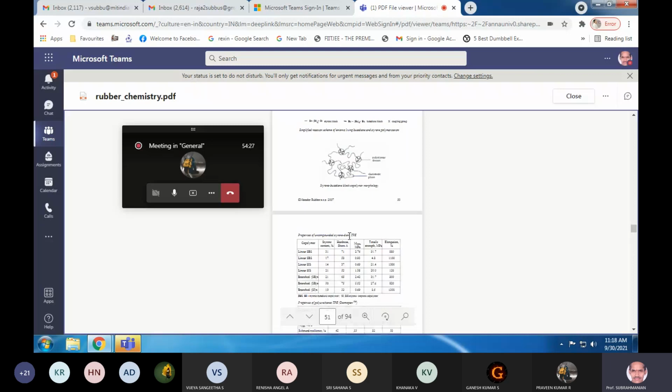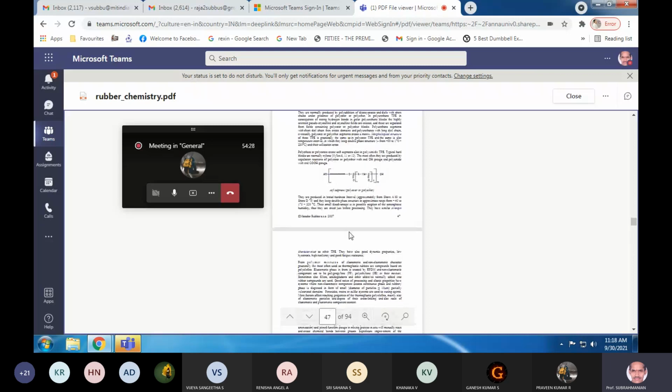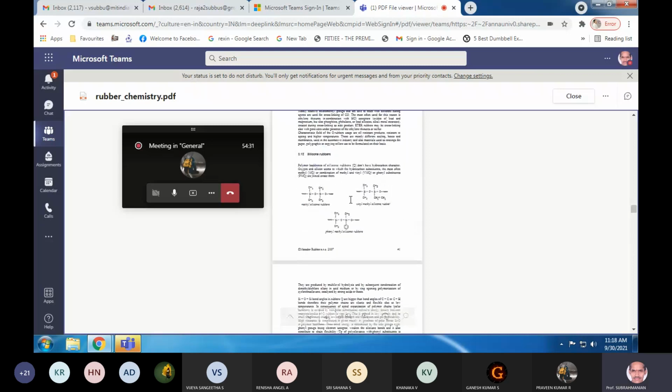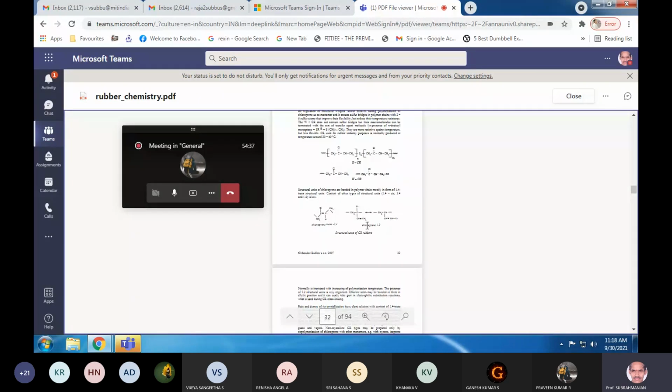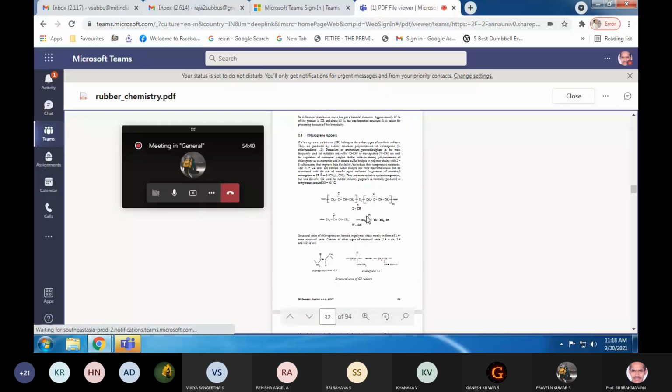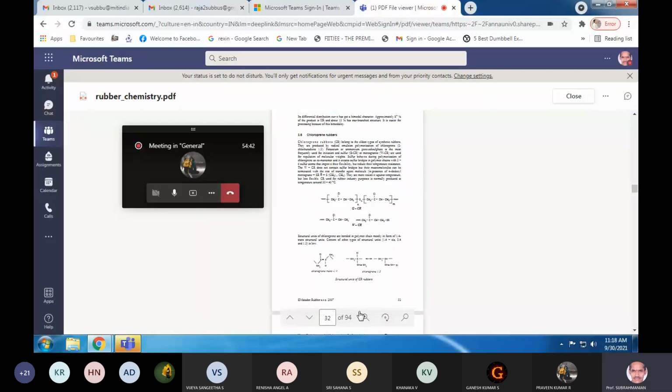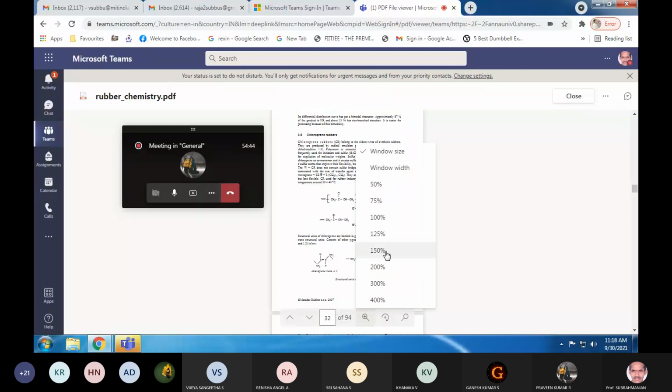So most of this we have discussed in this particular file, but we are just revisiting page number 32.